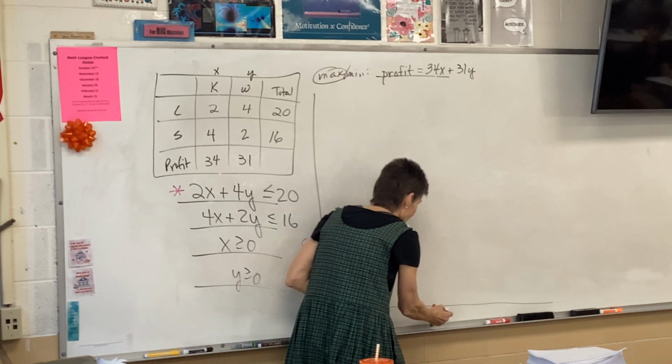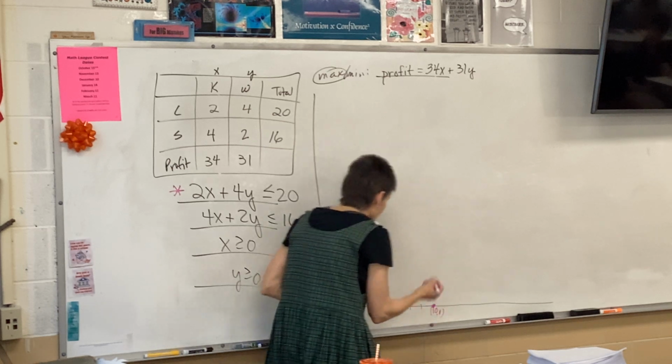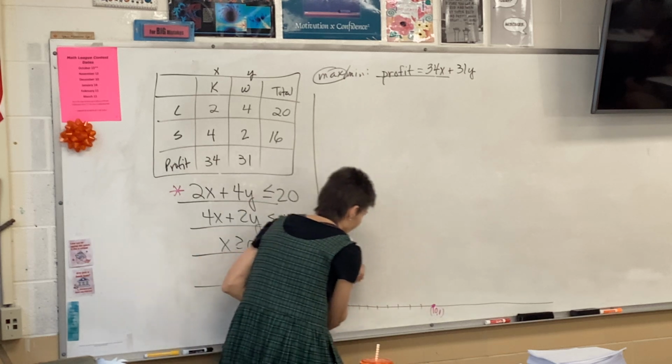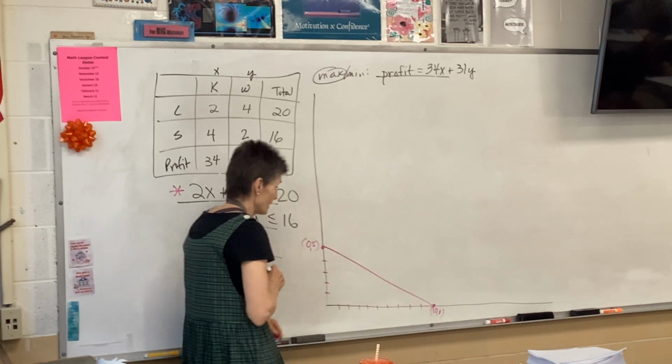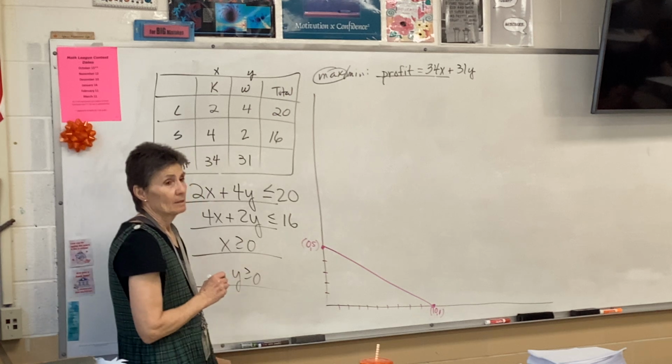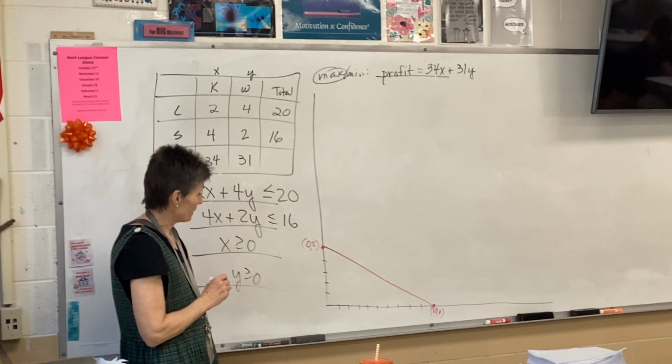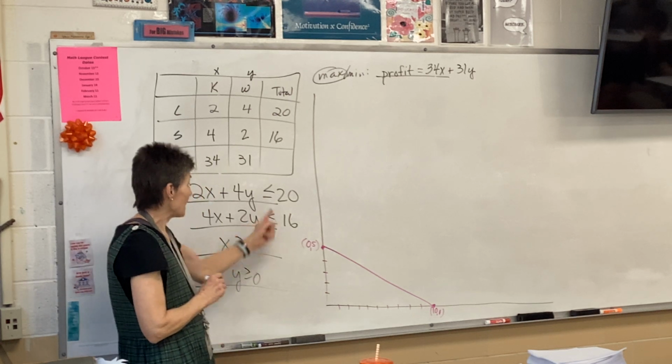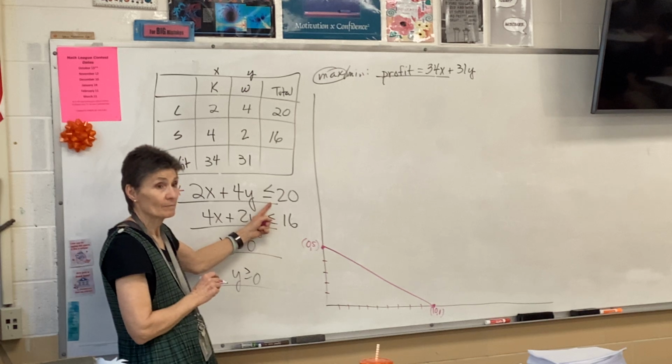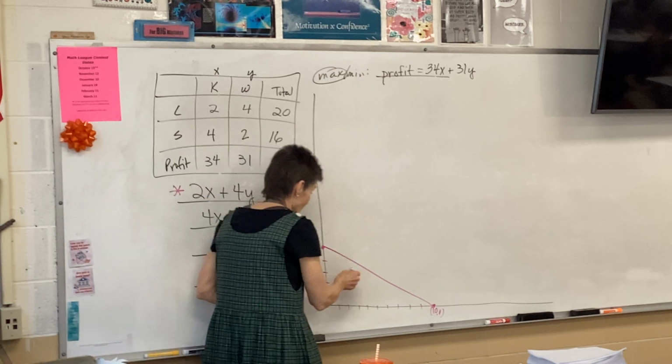If we have to extend our axis, we do it. That's just part of the game. If we have to extend it, we extend it. Now, this is a less than, so it'll be shaded down here.